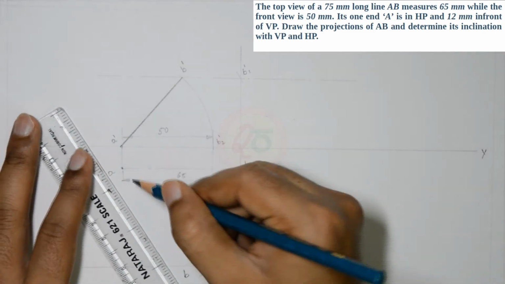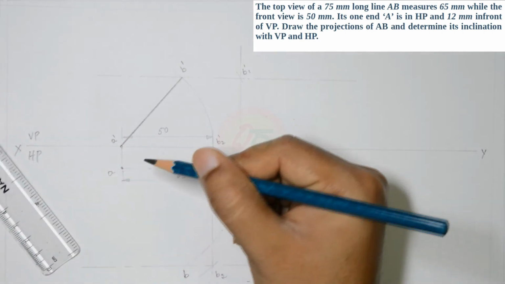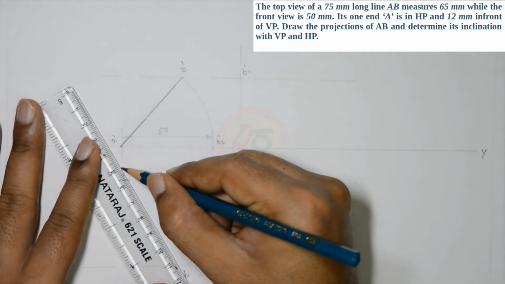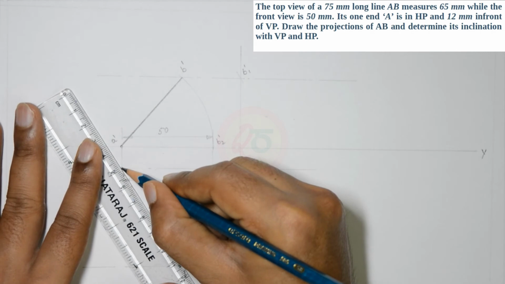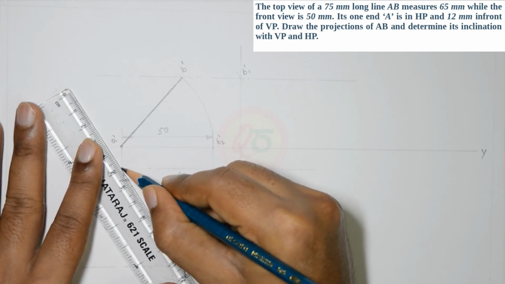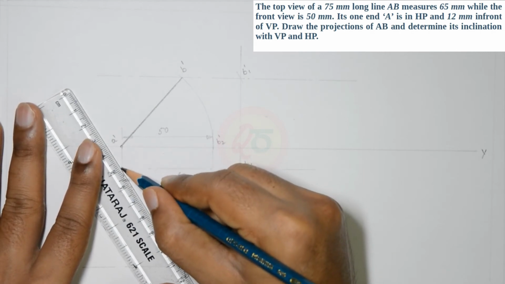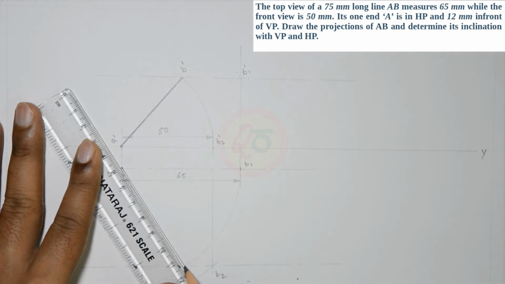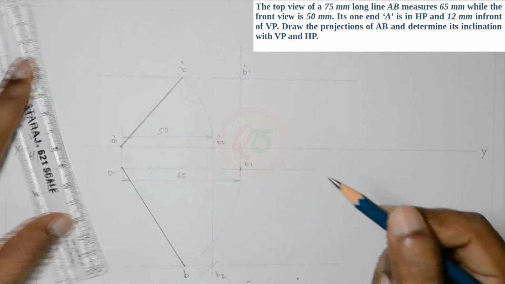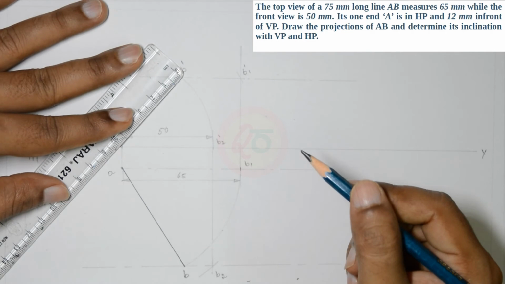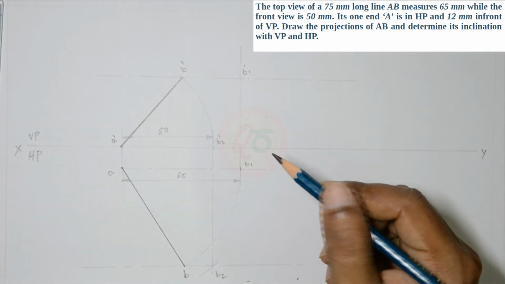A dash, B dash, this is AB. So AB is 65 mm, A dash, B dash is 50 mm as it was asked.